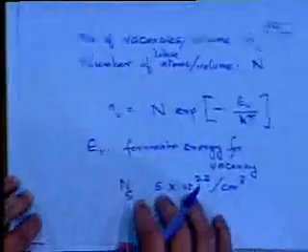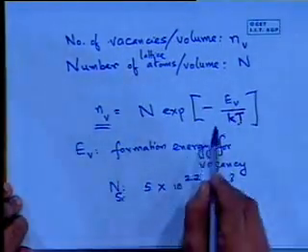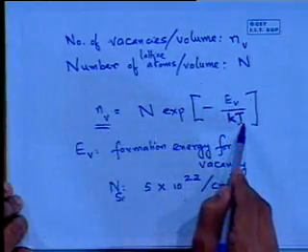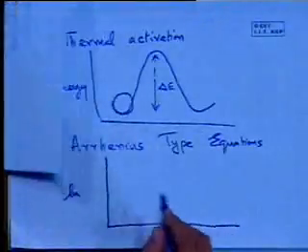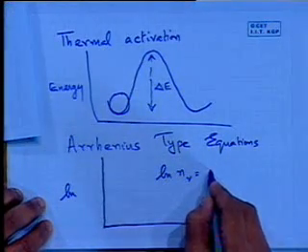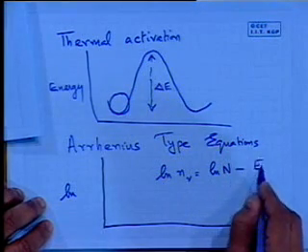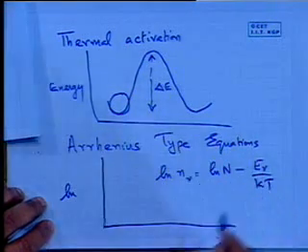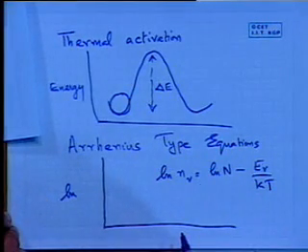In this particular case, the natural logarithm of this versus 1 by T. So we can rewrite this equation. The log NV is given by the natural log of N minus EV by kT, simply taking the logarithms.